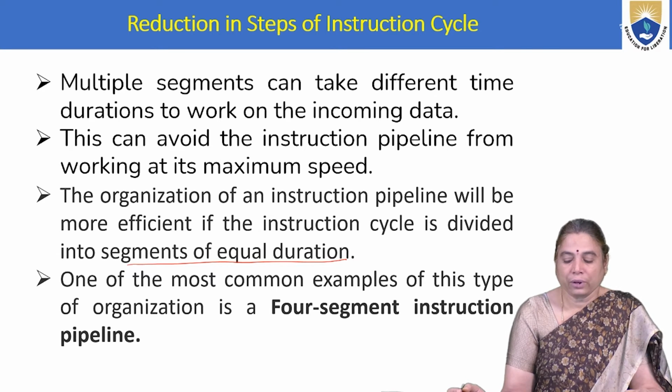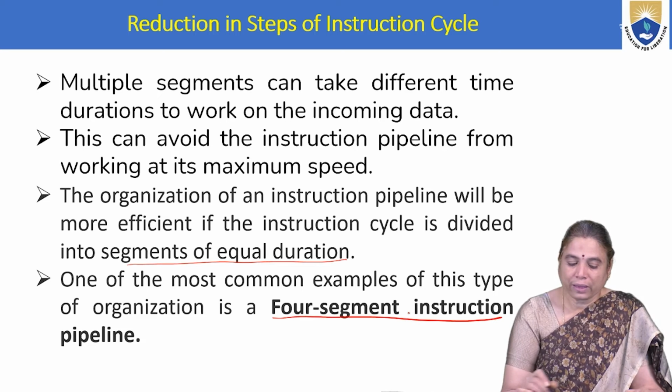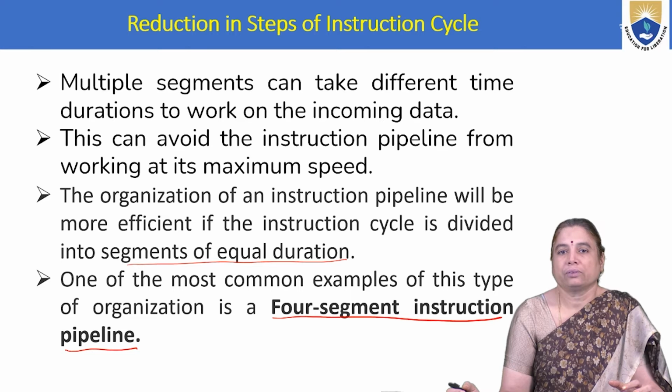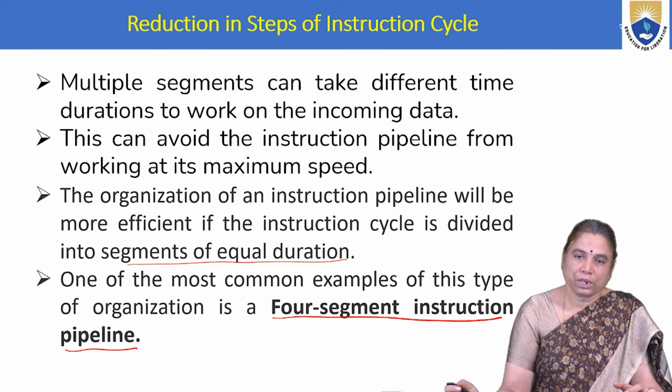One of the most common examples for this is the 4-segment instruction pipeline. The 6 steps of the instruction cycle can be reduced into a 4-segment instruction pipeline, where each segment has an equal duration of time.